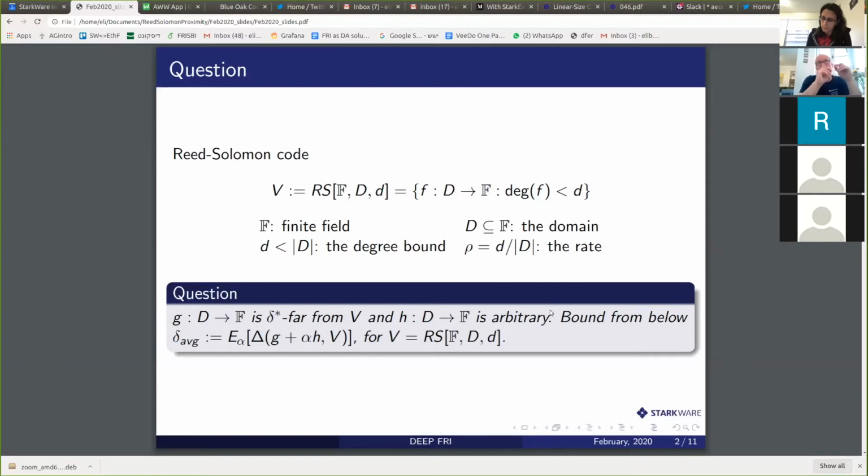And this is very important in wiring. The error correcting code is used for soundness, and the soundness of the systems usually relates to the distance of the code.